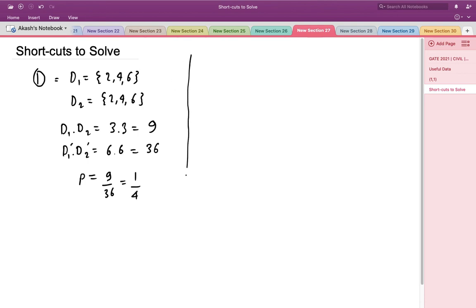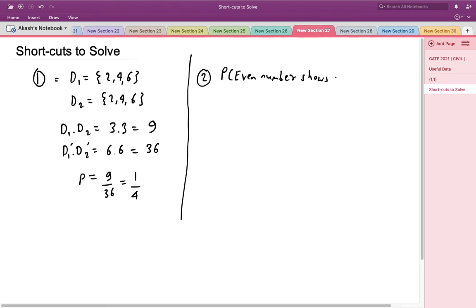The second way in which we can do this is using the probability of independence of events, similarly as we did in the first case, but here we can use the formula directly. Let's see how. The probability that an even number shows in the first dice would be given by 3/6, because there are 3 even numbers out of the 6 numbers that a dice can show.